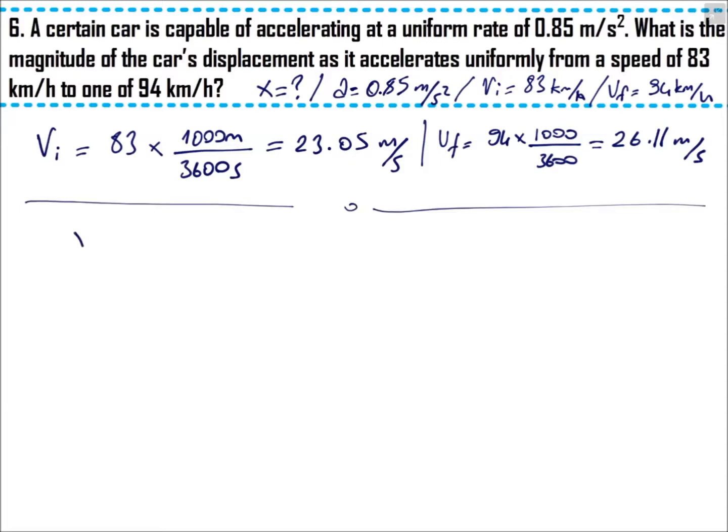And now I'm going to use the formula to calculate x, which is v final square equals v initial square plus 2ax.